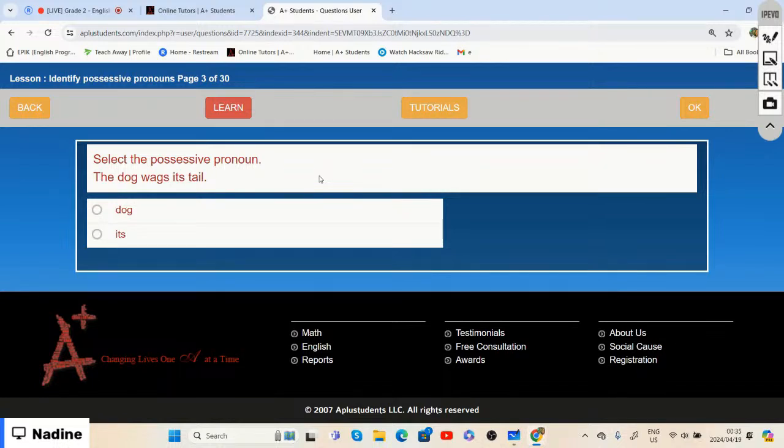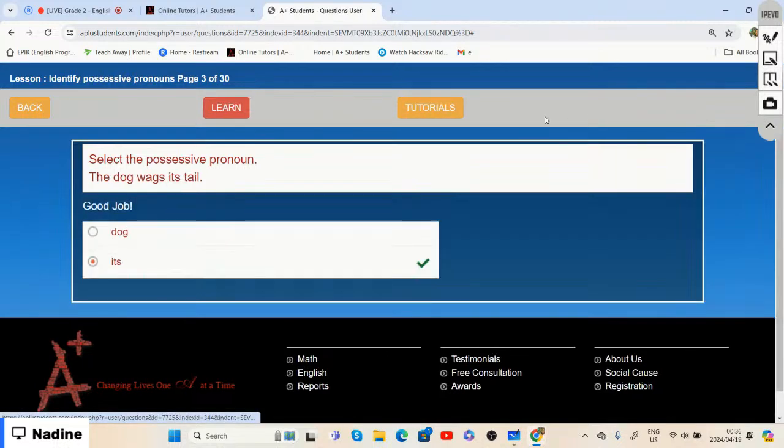So if we select our possessive pronoun, then we're going to say the dog wags its tail, right? So when it comes to dogs or identifying things, we say its, instead of saying his or her, right? So the dog wags its tail. It's the dog's tail that is being wagged, right? So its is our possessive pronoun.